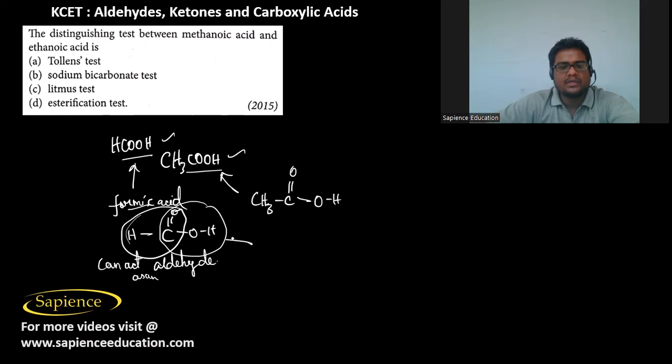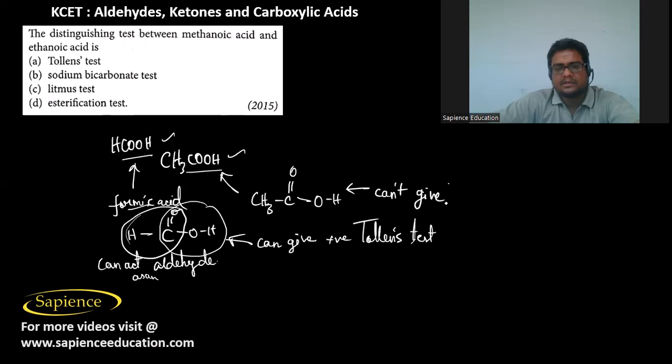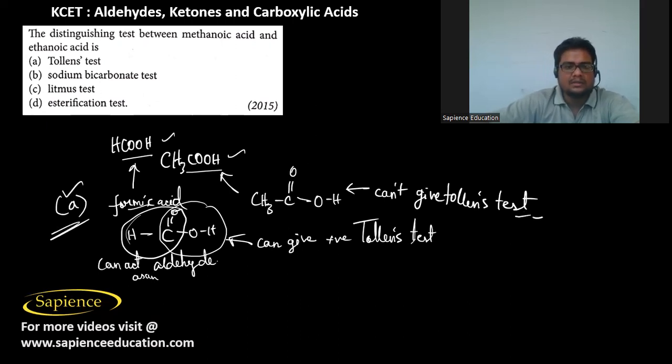Hence formic acid can give a positive Tollens test, but acetic acid can't give the Tollens test. So option A is the correct answer. We can use the Tollens test to distinguish between formic acid and acetic acid.